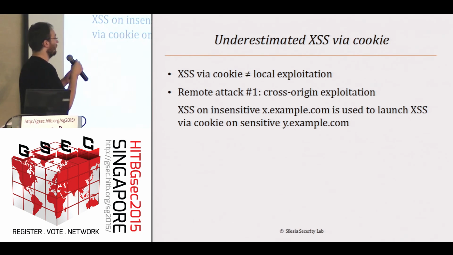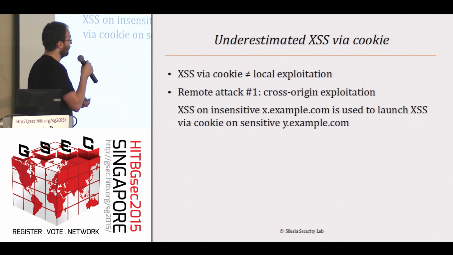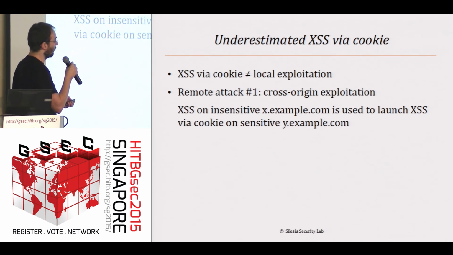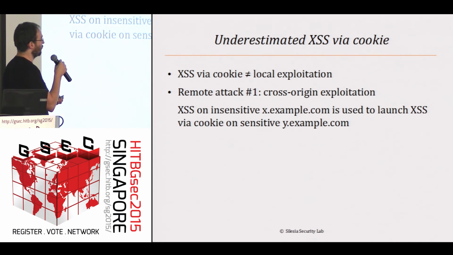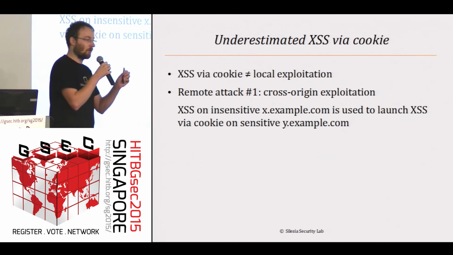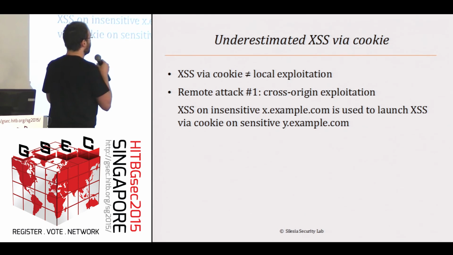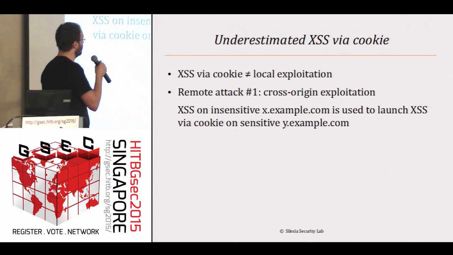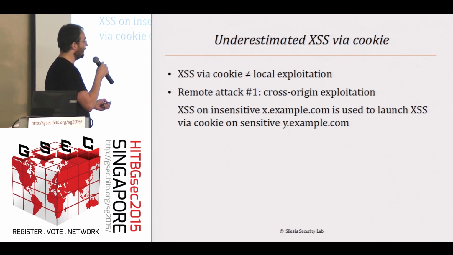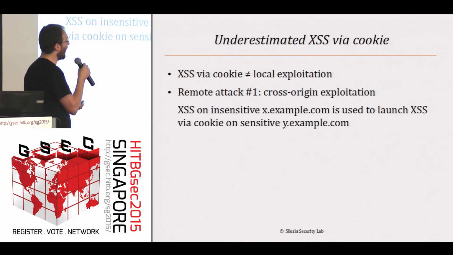Same origin policy, if you have XSS, is like this. I can work here within the, let's say, context of domain x.example.com. Let's say the protocol is HTTPS and port 443. This is same origin policy from the XSS point of view. But from the point of view of cookie processing, XSS on this domain, x.example.com, can set a cookie that will be sent to this, let's say, core domain and all other subdomains.